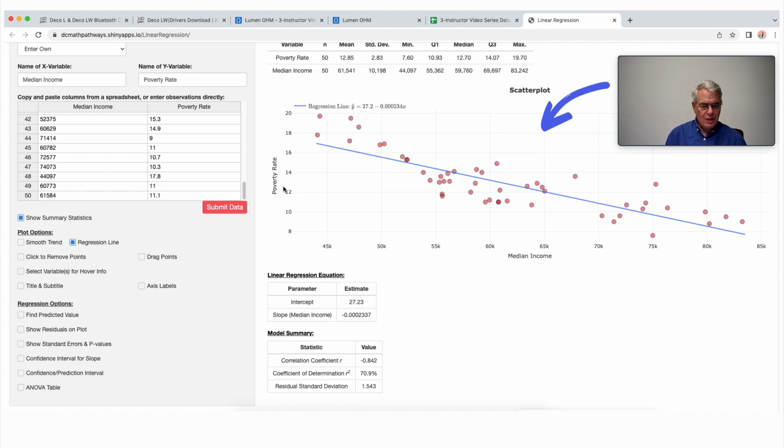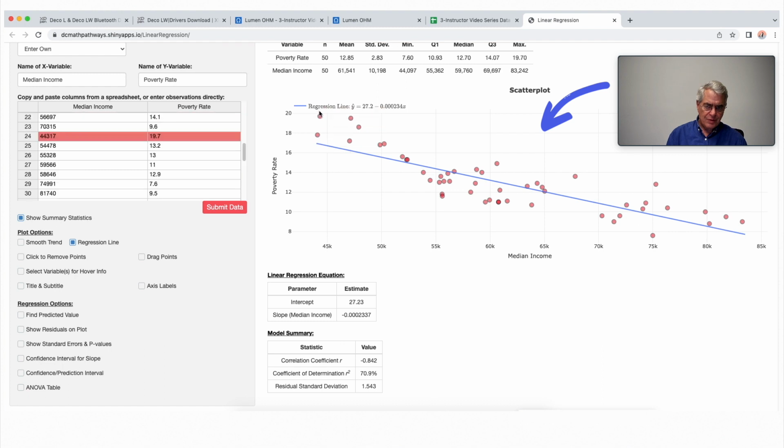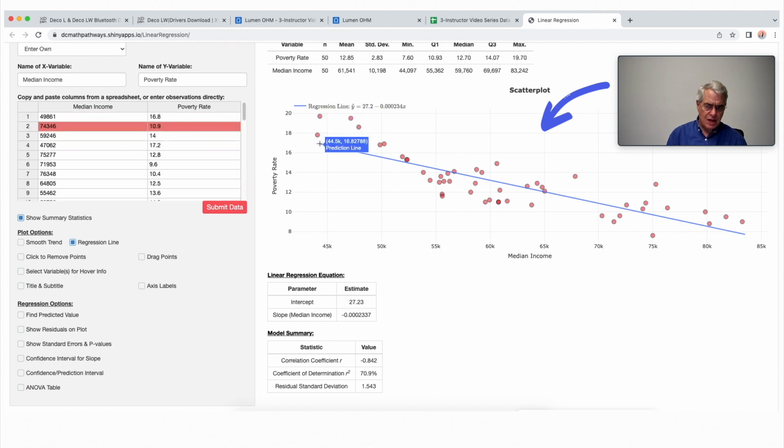And when the xy coordinates deviate a long way from the regression line, it reduces both the correlation coefficient and the square of the correlation coefficient, the coefficient of determination. So if you wanted to arbitrarily increase the correlation and the coefficient of determination, you could remove outliers.